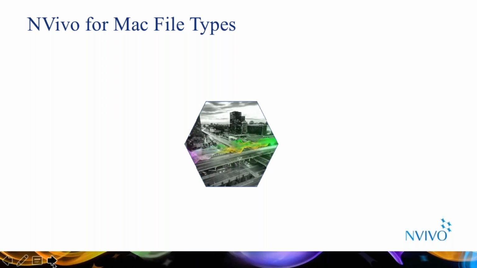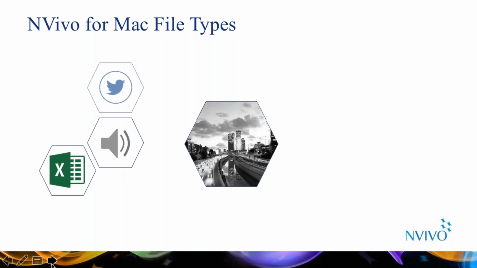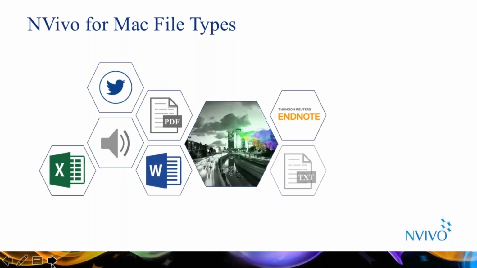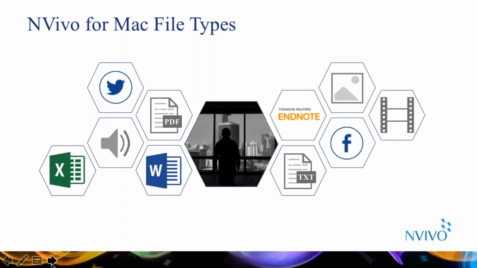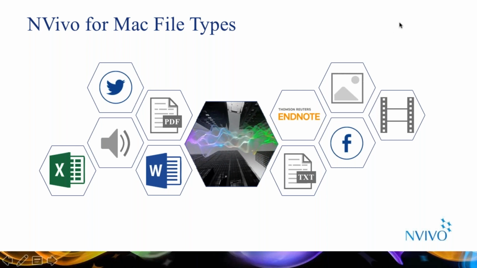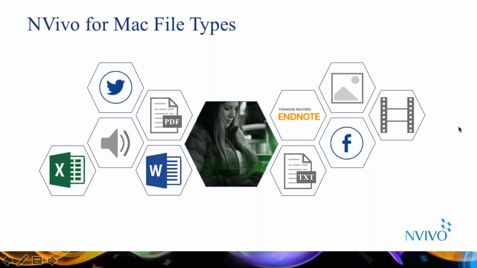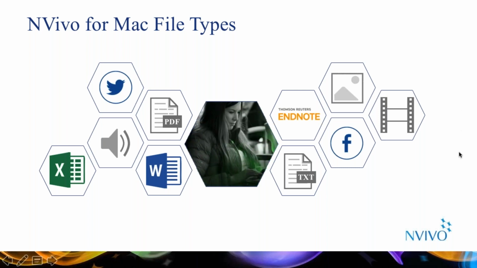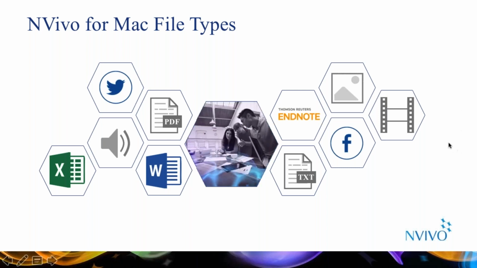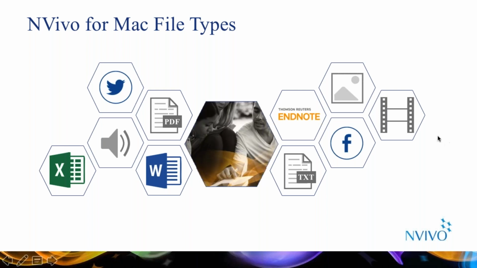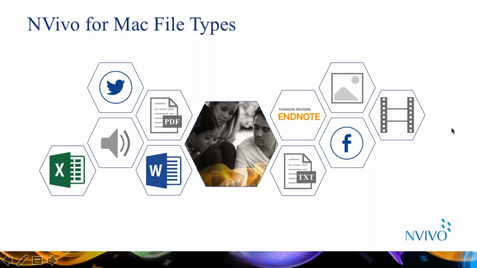There are a number of different file types for Mac, from traditional documents to Excel sheets, PDFs, being able to work with Twitter or Facebook data, being able to work with audios or videos and having them as part of your project, pictures as well.